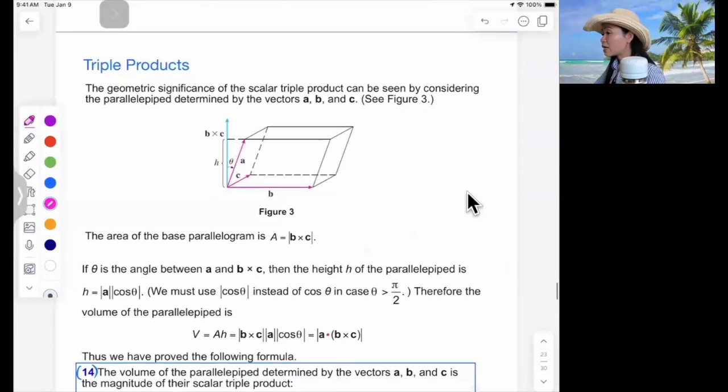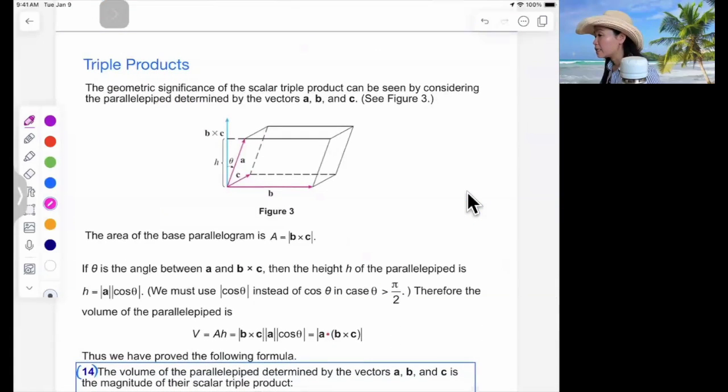Now we're going to talk about this. Looking at this, this is something we call the parallelepiped. Is that how you say it? Parallelepiped. Okay, it's called parallelepiped.